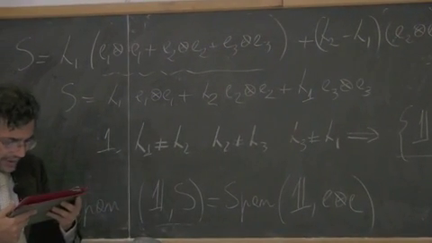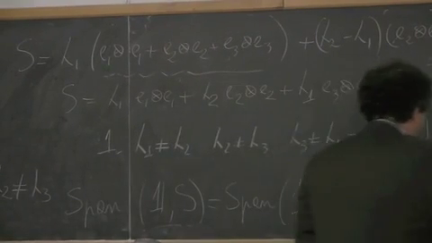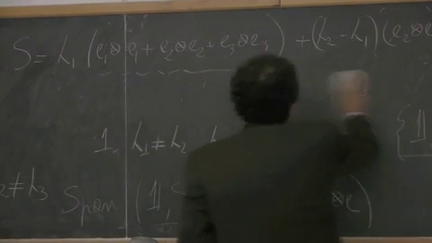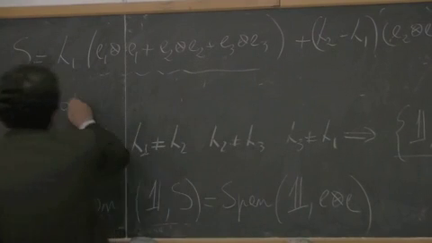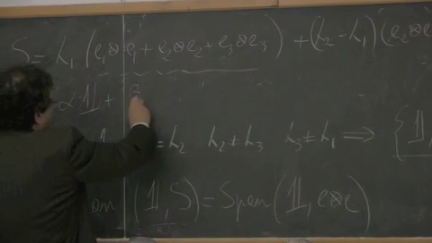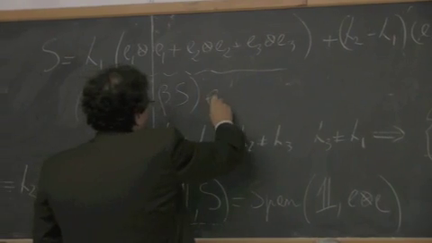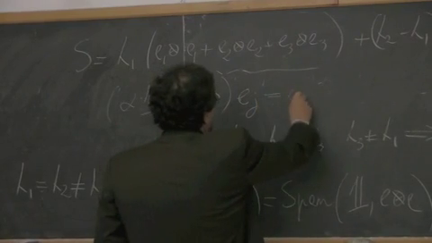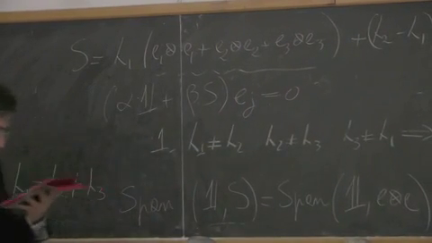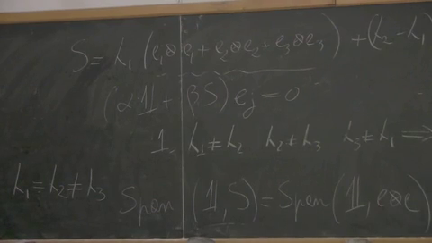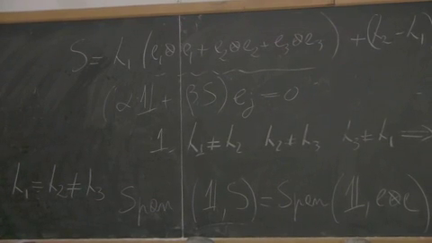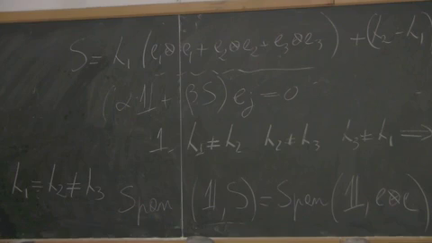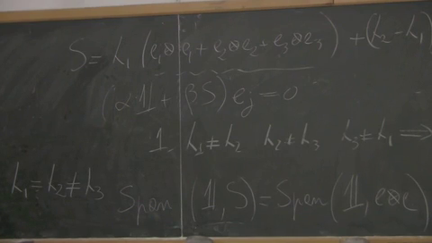The trick is always the same. You consider a linear combination alpha identity plus beta S, you calculate it on Ej, you assume that this is equal to 0, okay, and you get this time a linear system homogeneous in which alpha and beta are the unknown and the determinant is different from 0.